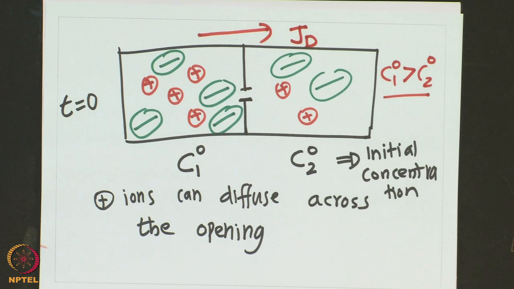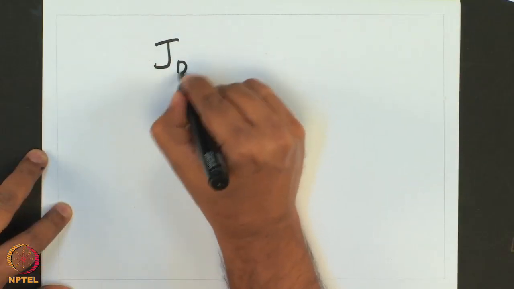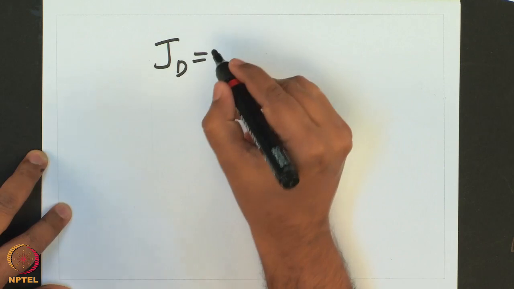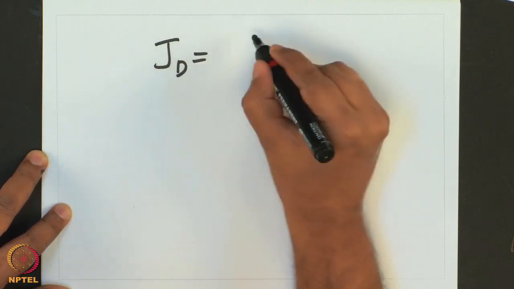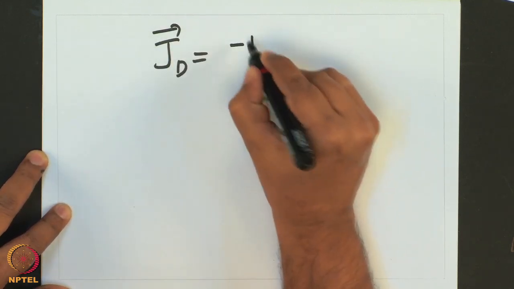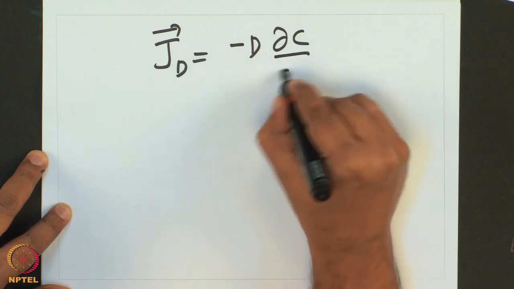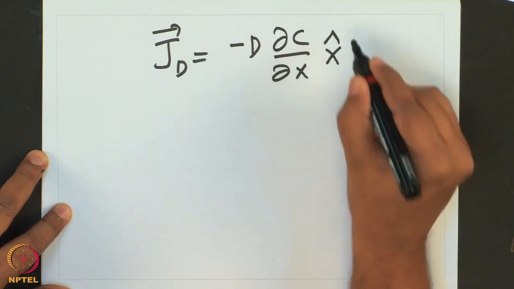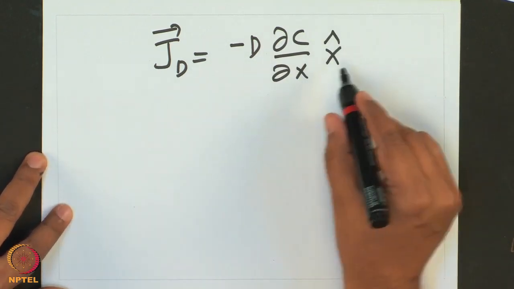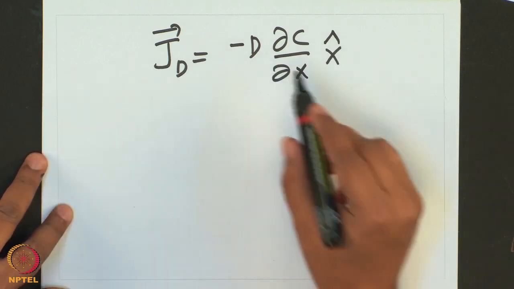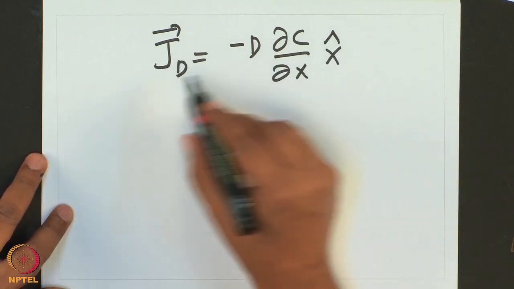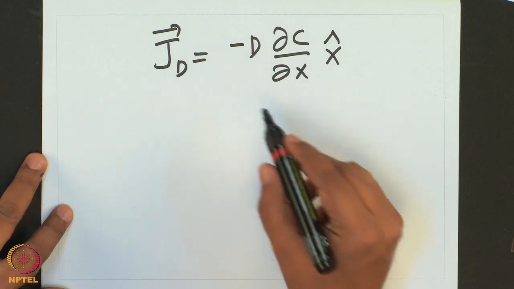From the discussion we had on diffusion, the flow due to diffusion, JD, is minus D del c by del x, x cap. This would be the equation for this diffusion current.